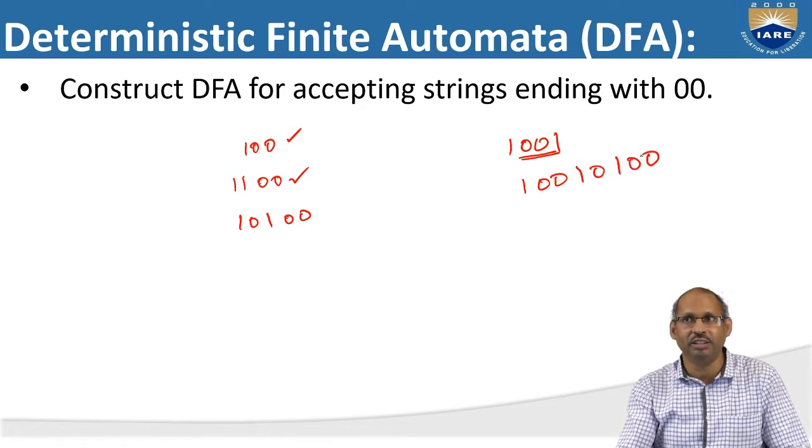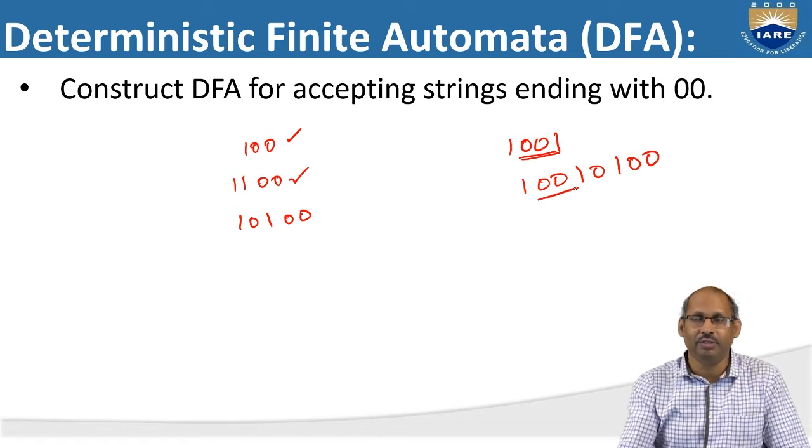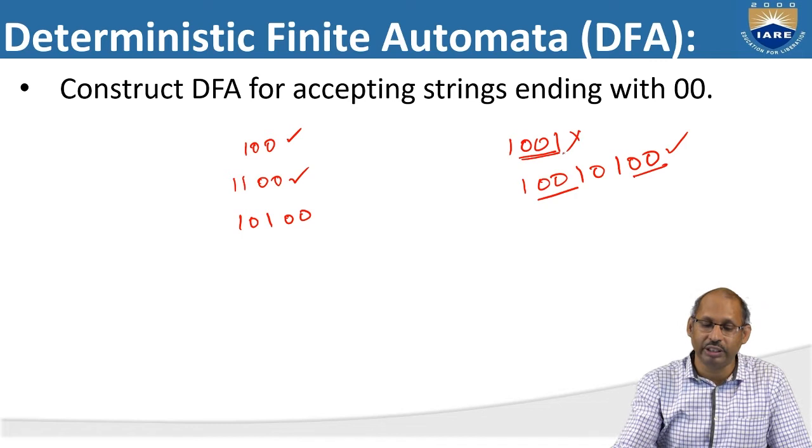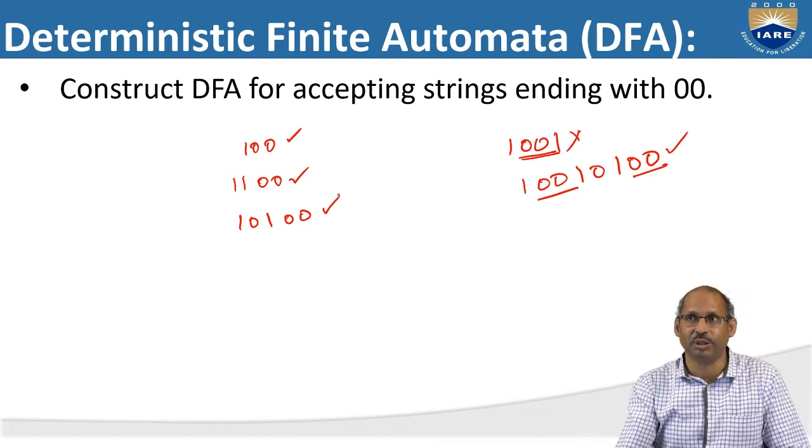If we consider a string with two zeros in the middle but also two zeros at the end, this is acceptable, but the other is not.